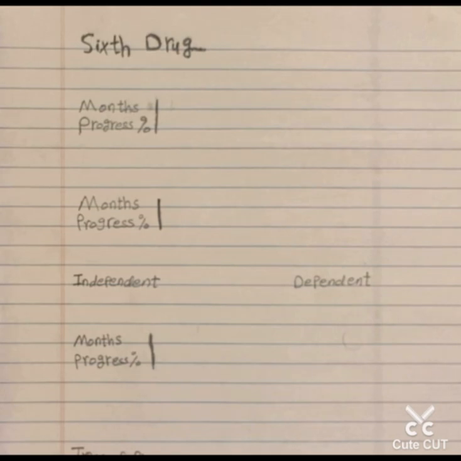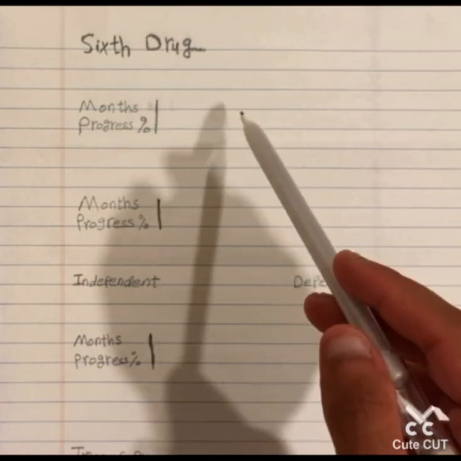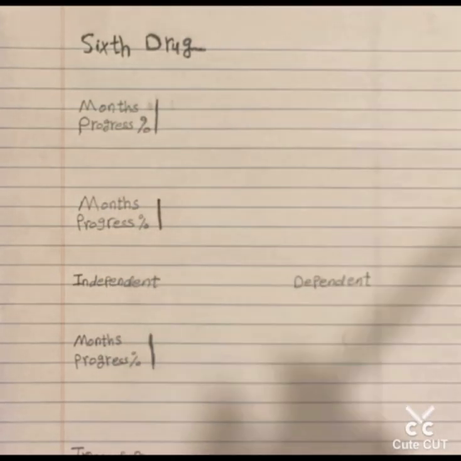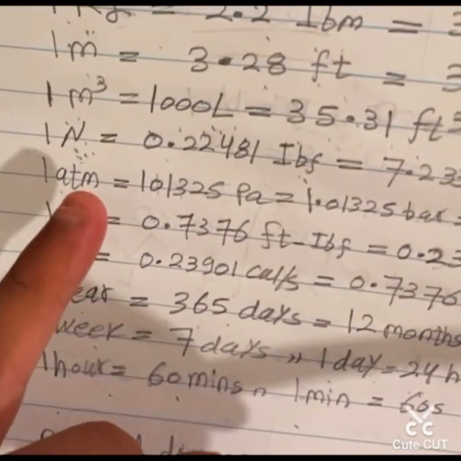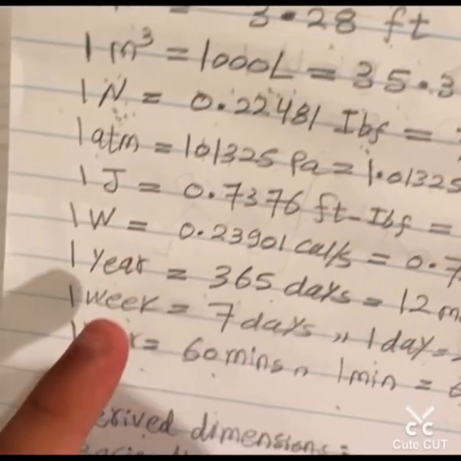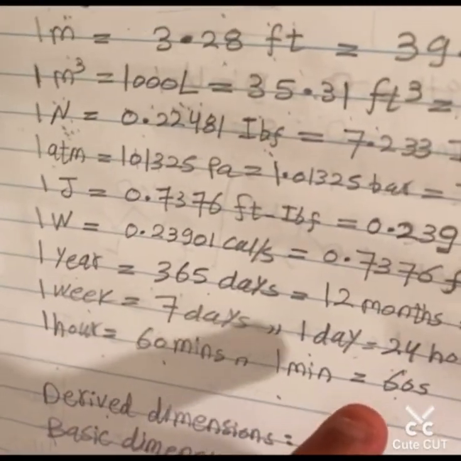You will record the percentage of your progress for the first month, second, third, fourth, until the whole year. And we know, once again, from this table, that 1 year is equal to 12 months.